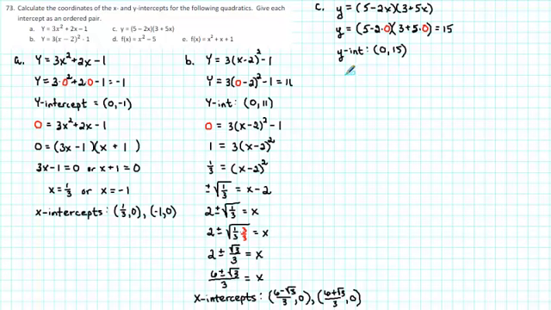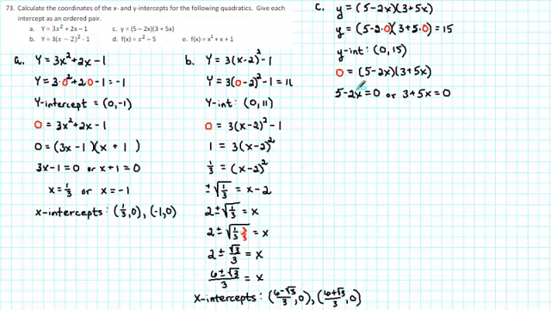To find the x-intercepts, we substitute 0 for y and then solve for x. We get the equation 0 is equal to the factor 5 minus 2x times the factor 3 plus 5x. The right-hand side is already in factored form, so we can use the zero factor principle. Either the first factor must be 0 or the second factor must be 0.